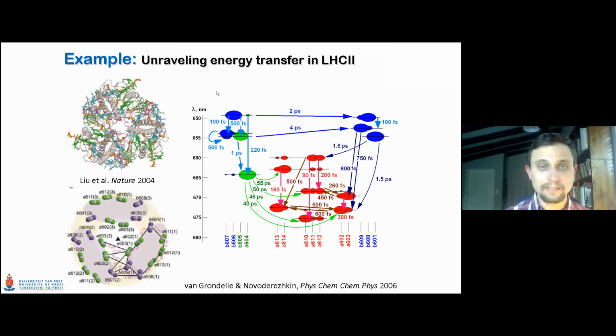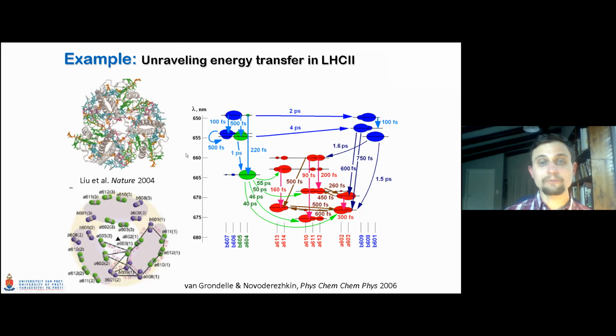So what you see here is now the LHC2, the main light harvesting complex of plants. Here are all the central atoms of all the chlorophyll molecules, and they are all labeled from 601 to 614. You have the chlorophyll A's and the chlorophyll B's. So here are all the sites. You can say that this is the spatial axis, this is the energy axis.